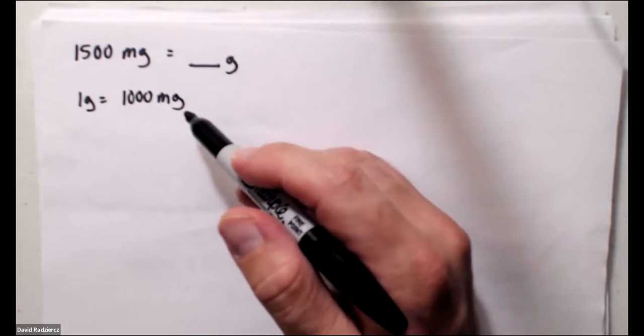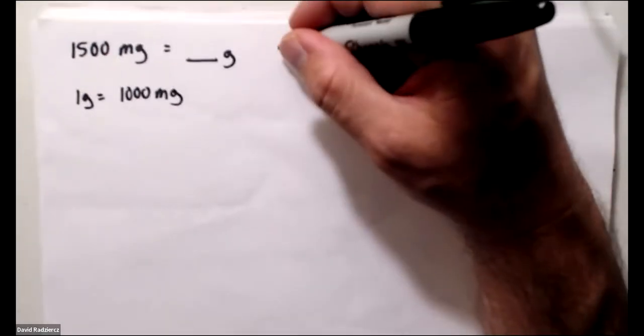Once we know that, I can set up dimensional analysis for this question. Whether you like dimensional analysis or not, that's what I'm going to show you, and then I'll also show you the alternative ways that I would do this particular problem.